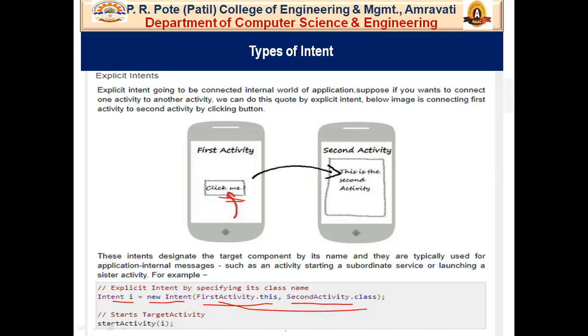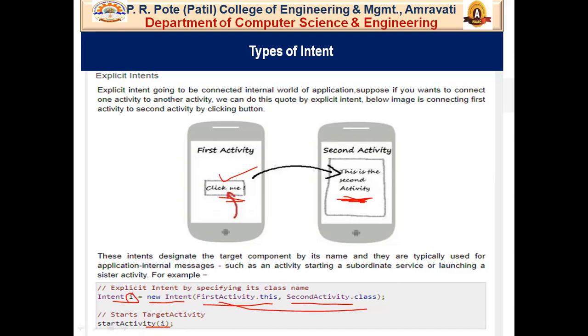Okay, so this is the calling class and this is which I want to call. Like this is the calling class click me, and this is the second argument, that means the class or activity that I want to start. So I simply target that start activity. I pass the intent I, which is here.